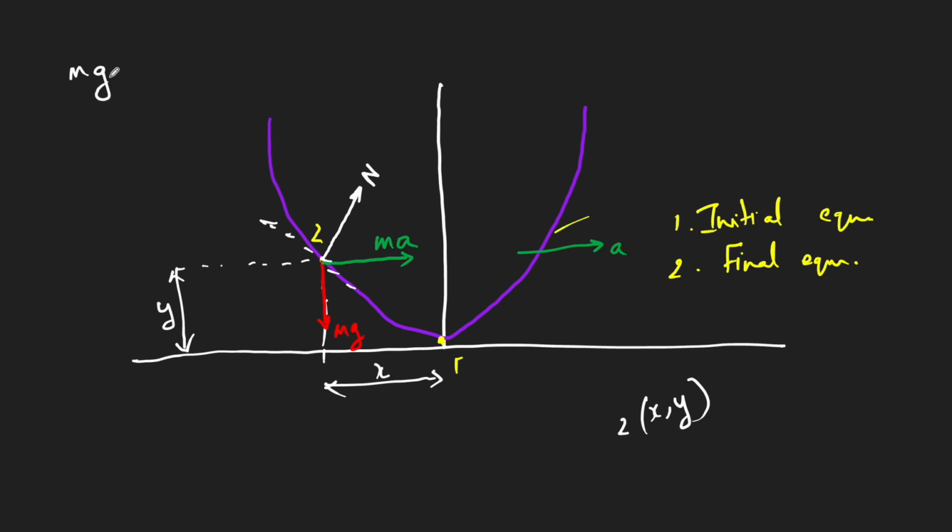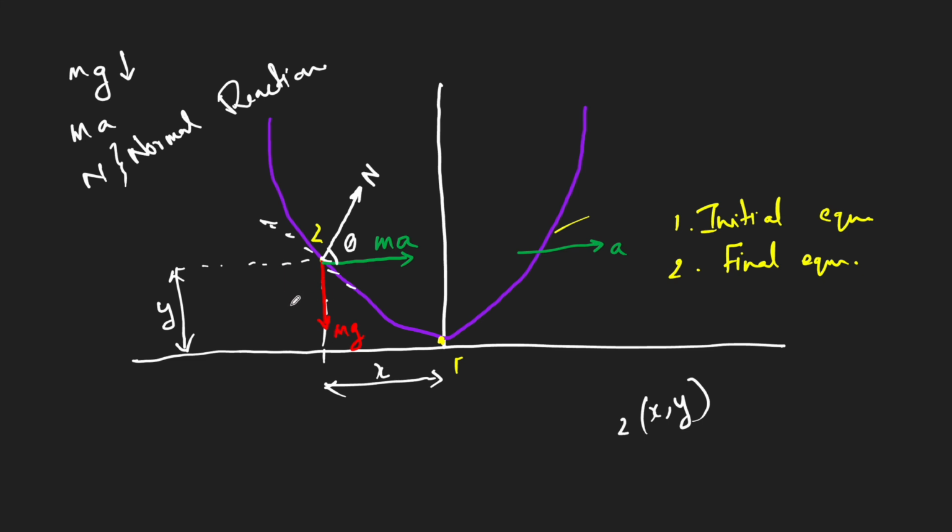One is mg acting vertically downward, another one is ma, another one is N. N is nothing but the normal reaction. Suppose this happens at an angle theta.